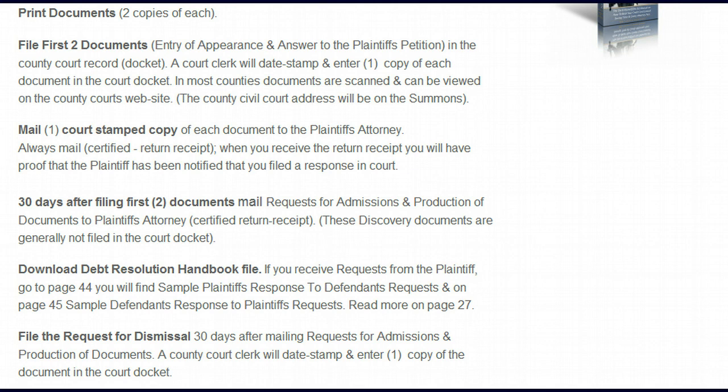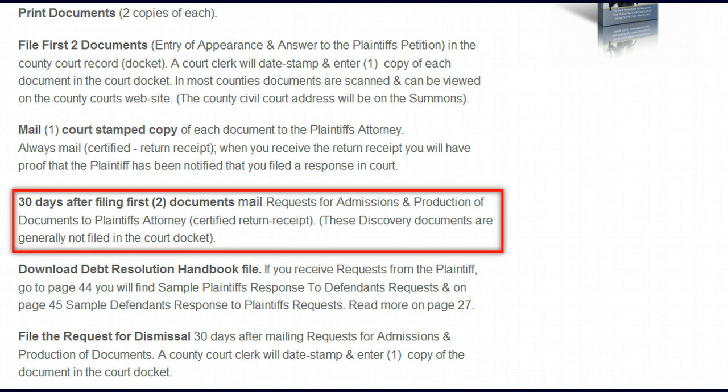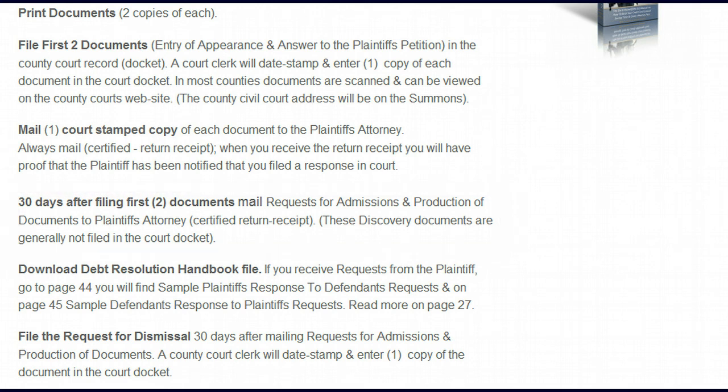So there'll be no question in the court process that you followed court process and they did indeed receive your court stamped copies. You're going to wait 30 days after filing the first 2 documents and put that in your calendar. And then you're going to mail the next document that's provided, and that is the request for admissions and production of documents. That's a discovery document. Now, discovery documents are documents that you might have seen on court case television, or if you've been to court.